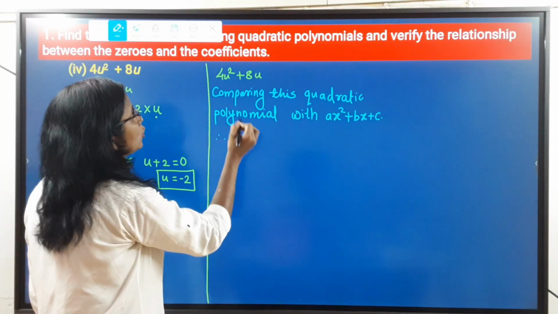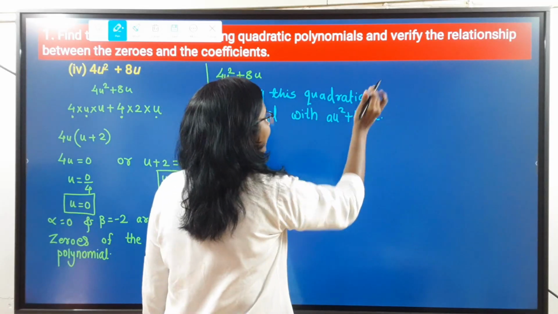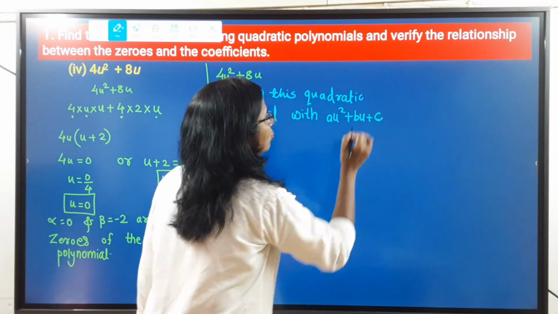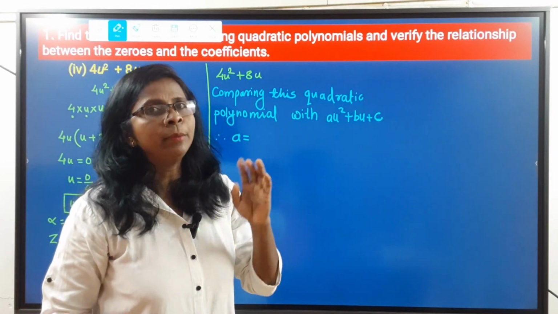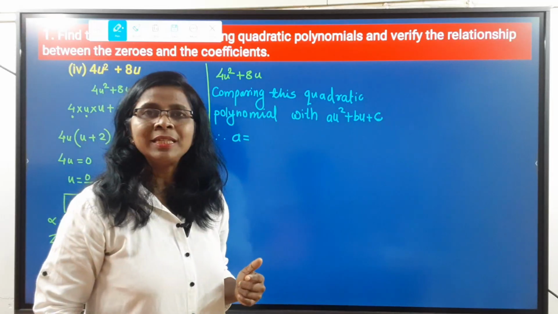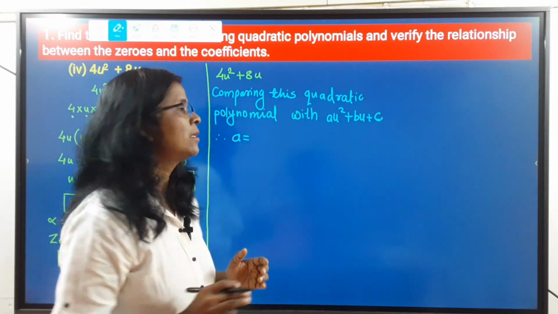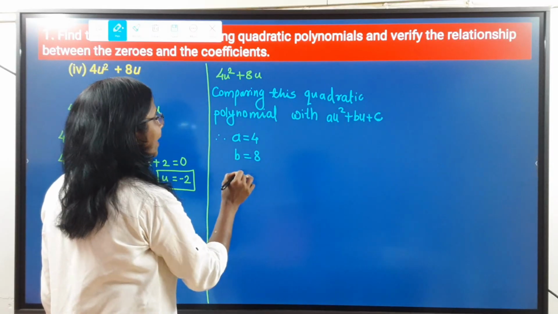Therefore, a is equal to, here at the place of x square, I write down au square and bu plus c here students, because the quadratic polynomial is in the variable u. So I'm comparing this quadratic polynomial with au square plus bu plus c as a general quadratic polynomial. So now here a is equal to 4, b is equal to 8 and c is equal to 0.